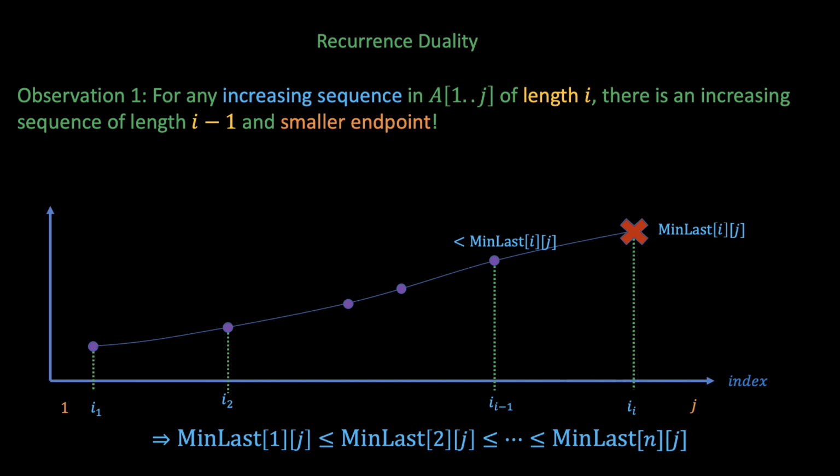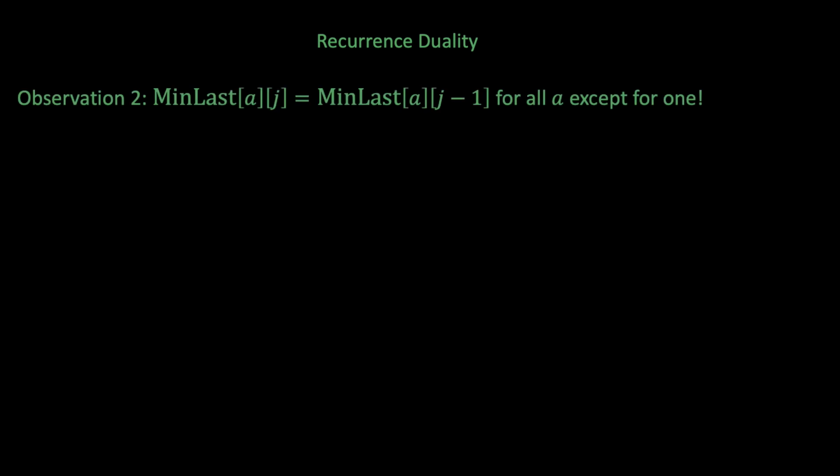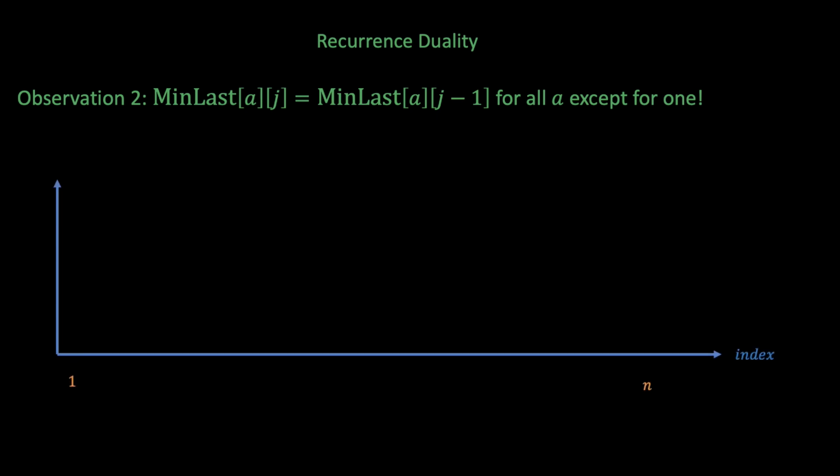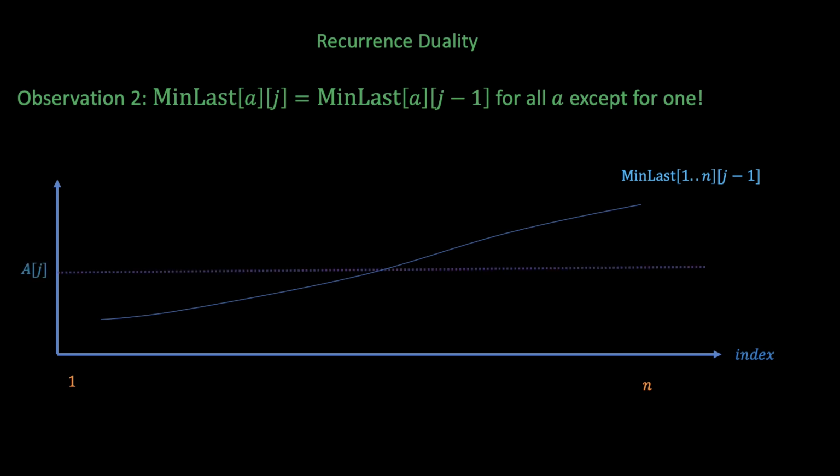Now, what about the two different adjacent columns? Well, let's fix column j minus 1 and plot min last i, j minus 1 for all i. Let's also plot where aj might be. Notice that the curve drawn is min last i, j minus 1.